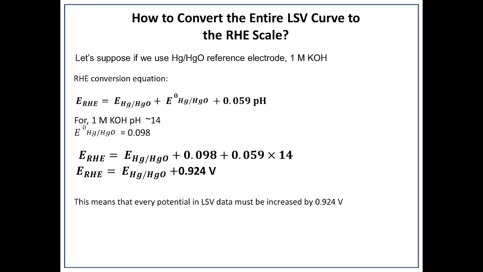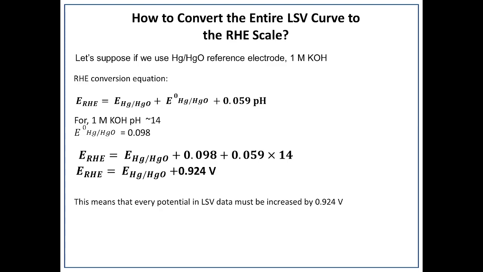First, let's understand what an LSV file contains. When we perform LSV, the potentiostat records two main columns of data. The first column is the potential measured with respect to the reference electrode, such as mercury oxide, silver chloride, and so on. And the second column is the current.